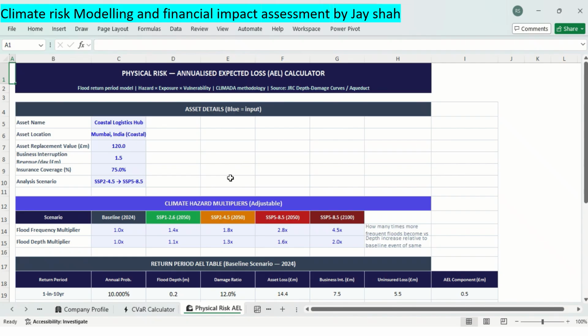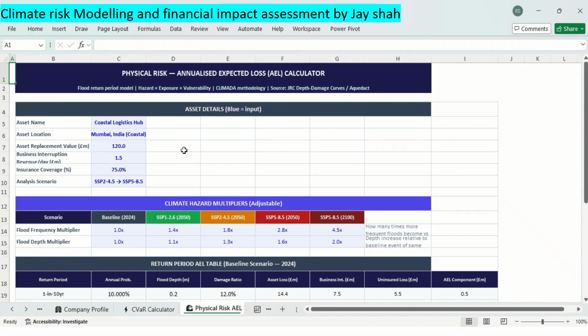The model takes the coastal logistics hub in Mumbai, which is a 120 million asset value, and calculates how much is expected to be lost each year from flooding, both at baseline and under a warming scenario.